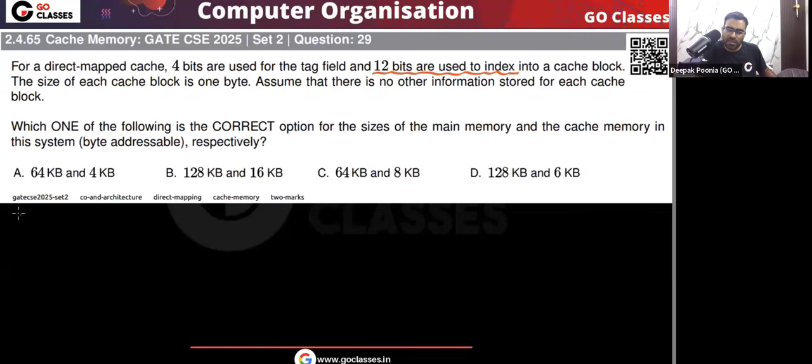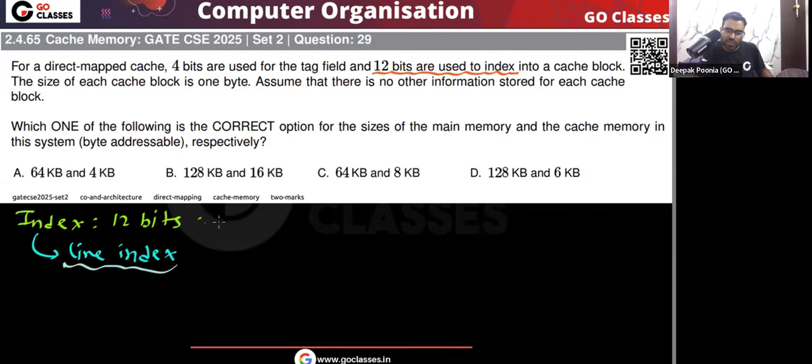And you already know that in the direct mapped cache, index means line index. This will tell you the line number. So for index, if you have 12 bits, the number of lines will be 2 power 12.